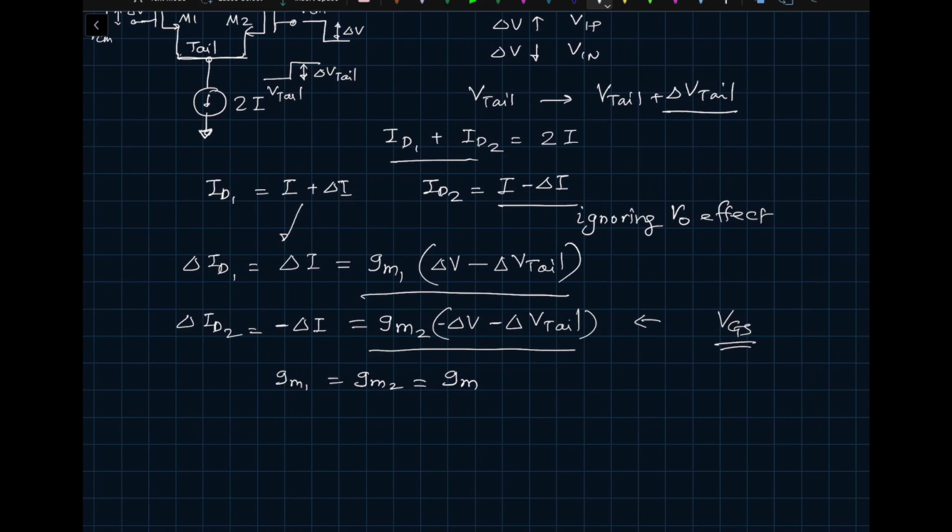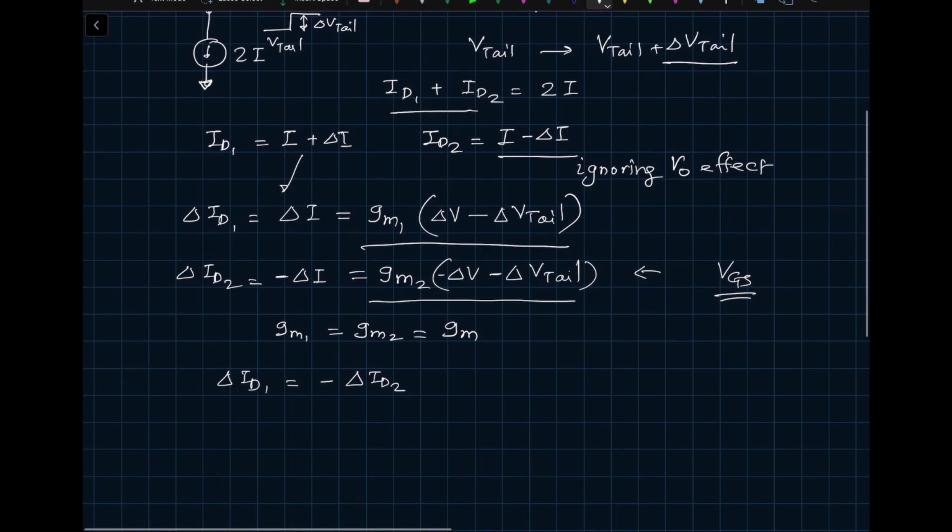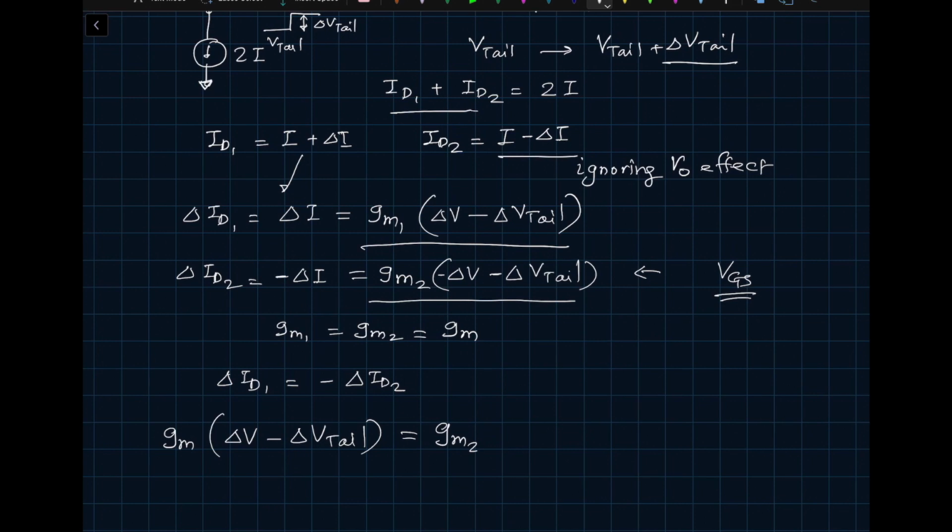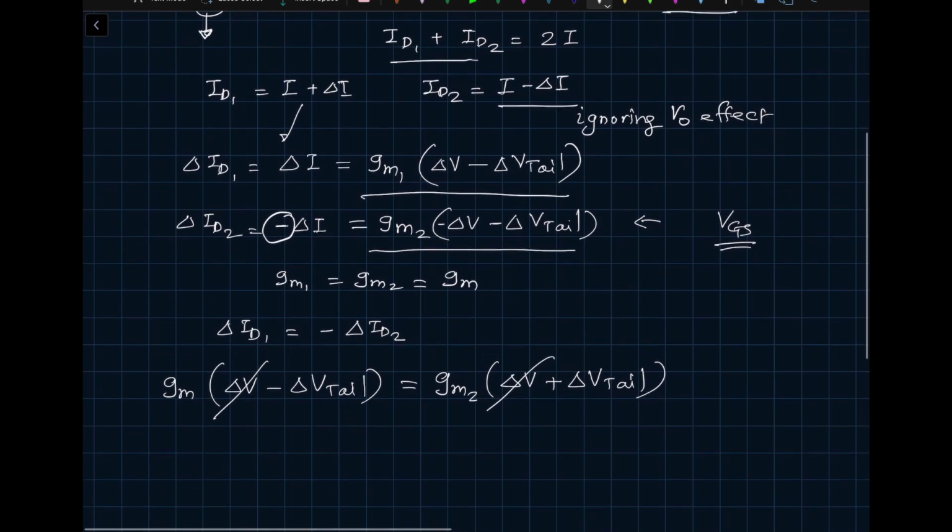We can say delta ID1 is equal to minus delta ID2, and that will give us GM times (delta V minus delta V tail) is equal to minus GM times (minus delta V minus delta V tail). Since we are taking the negative sign, this becomes delta V plus delta V tail. This happens because of this negative sign. Now quickly you can see this delta V is the applied input delta V. This tells you that delta V tail has to be equal to 0.